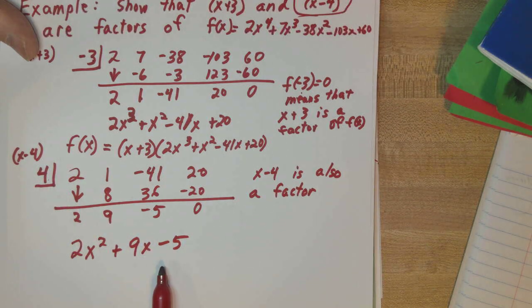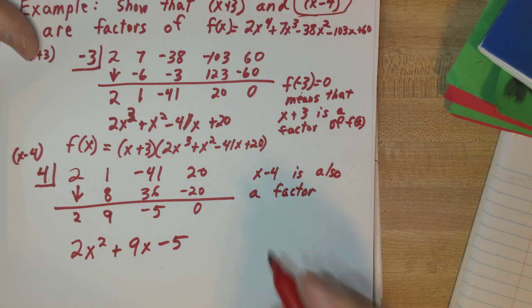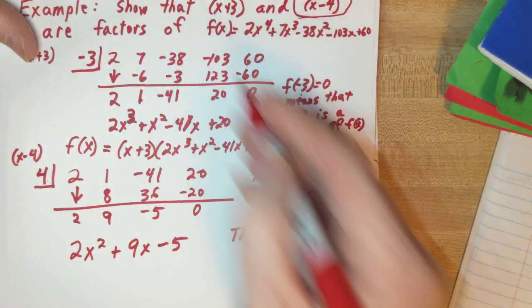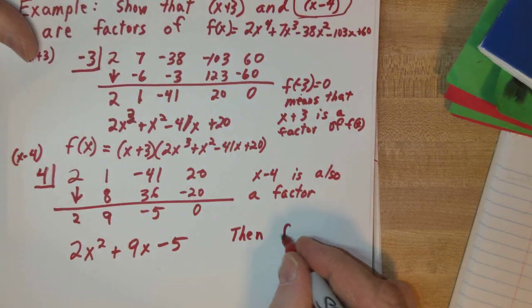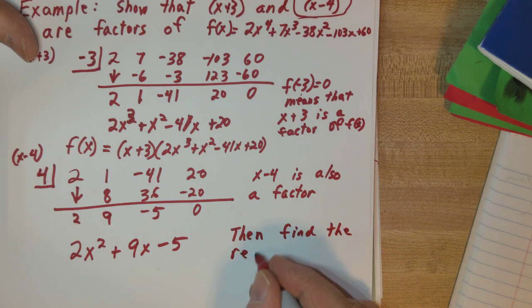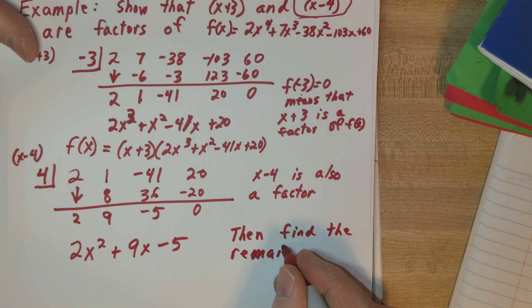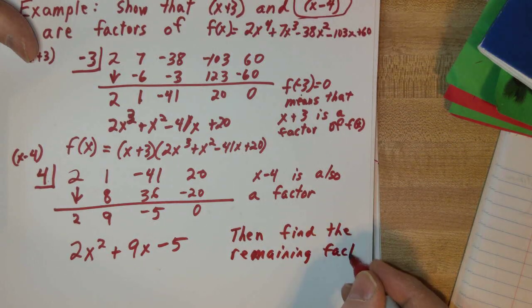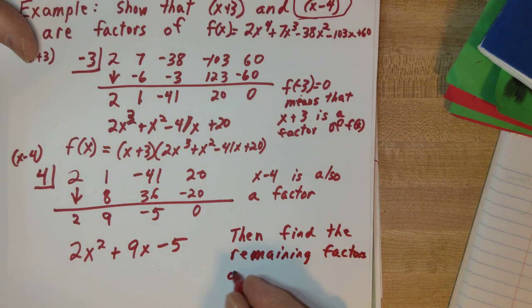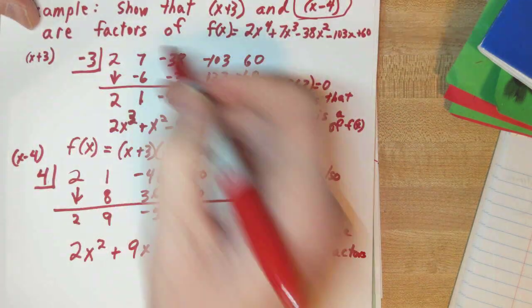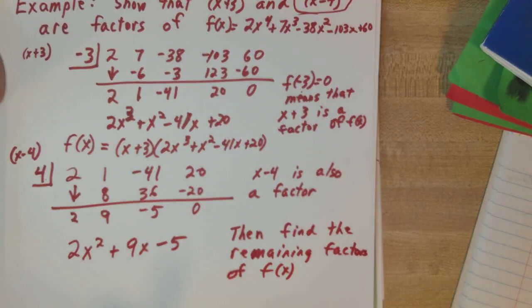I forgot to write in my instructions, it would have said, then find the remaining factors of f of x. I meant to have that up here and I forgot to write that. So that's what we'll do now.